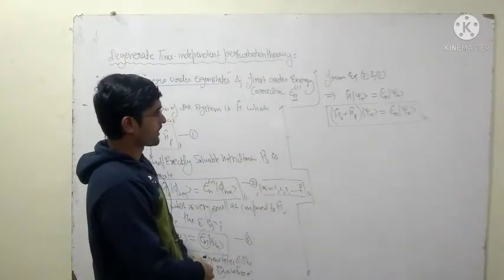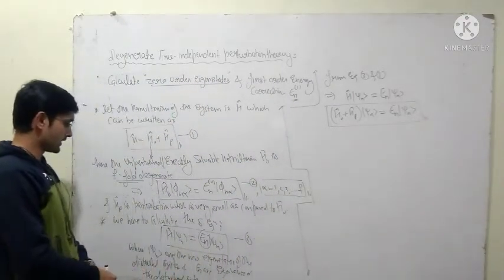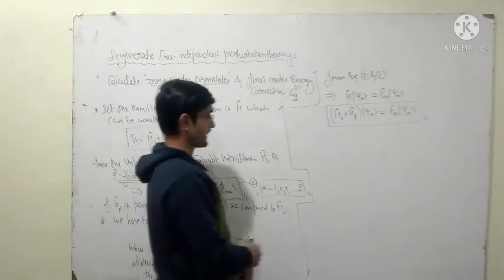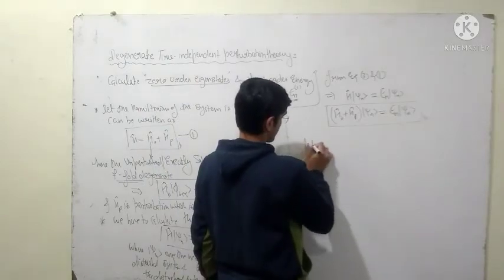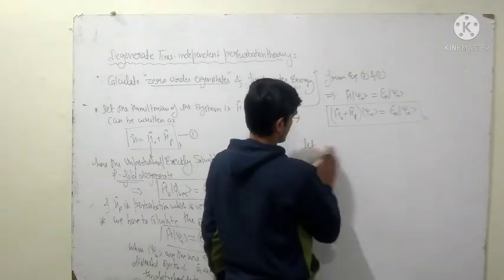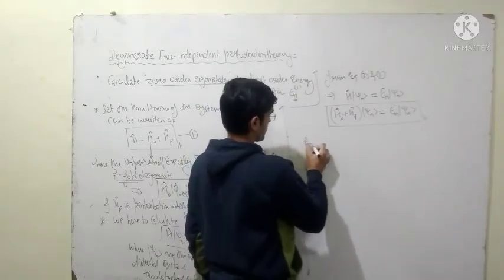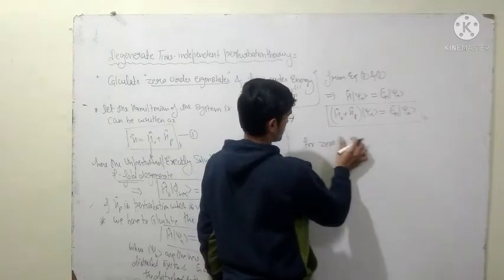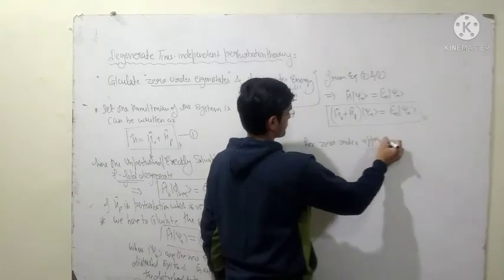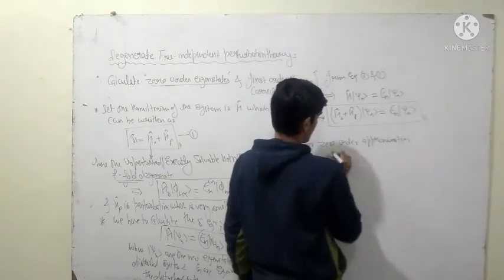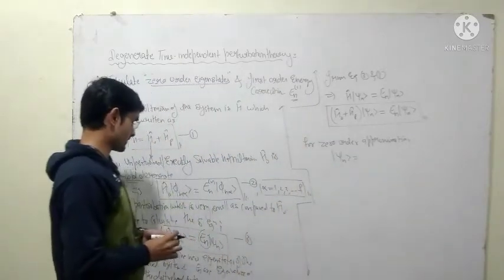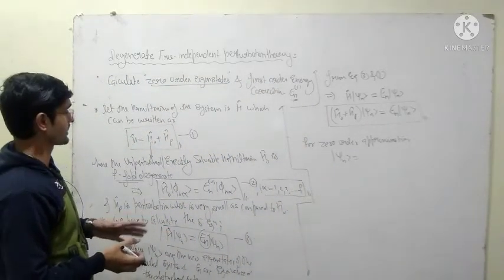Okay, one more thing. In this particular derivation, what we will assume is that for the zero order approximation, these states can be written as follows. And what is the meaning of zero order approximation? Zero order approximation is that there is no disturbance.